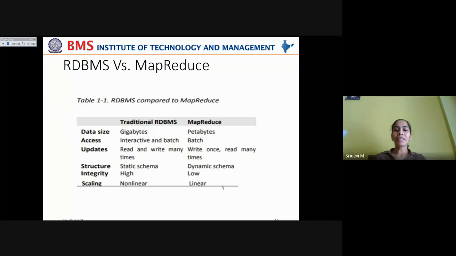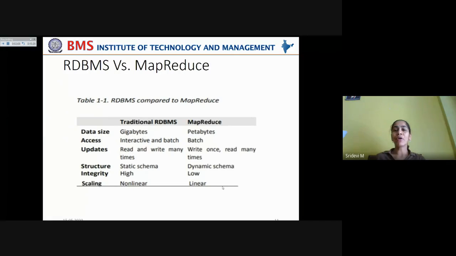And even integrity: integrity is high with RDBMS because we have several authentication mechanisms deployed at every stage. But in MapReduce, the integrity of the data is less. Why? Because more and more nodes are participating in the analysis process, and we do not know which node fails at which particular point of time.